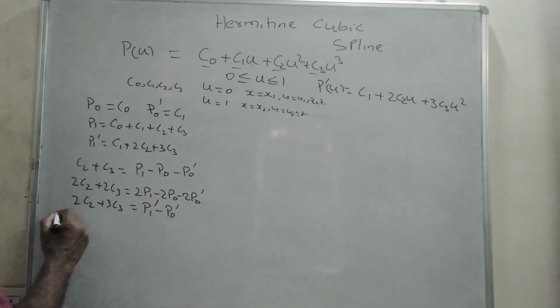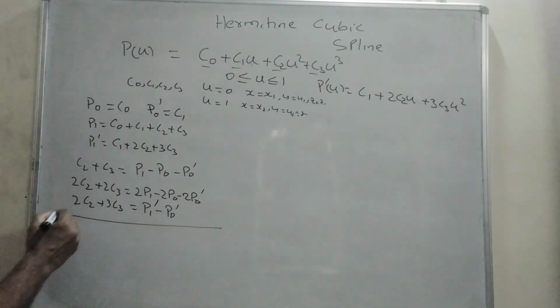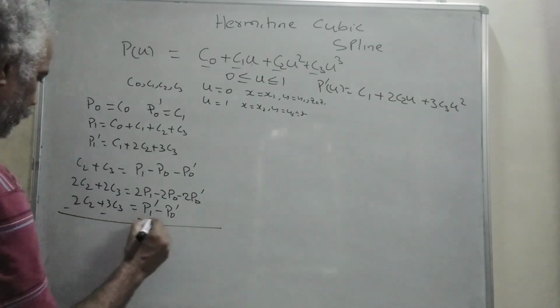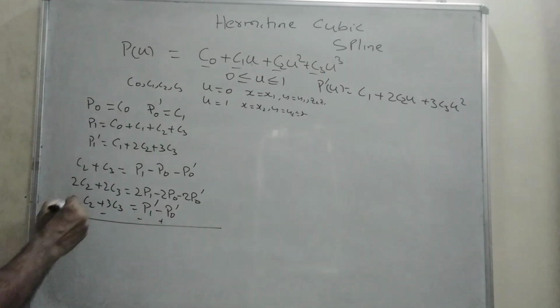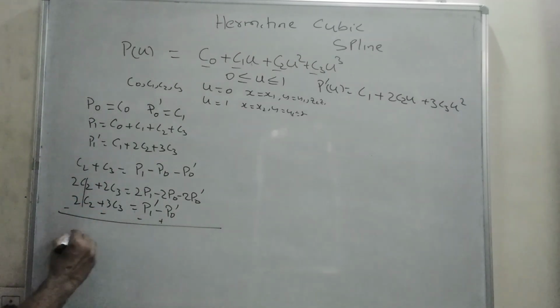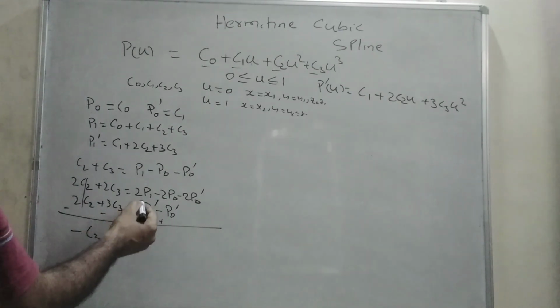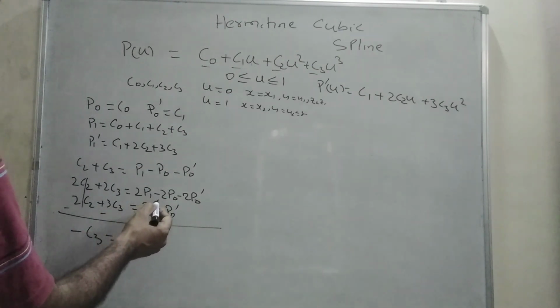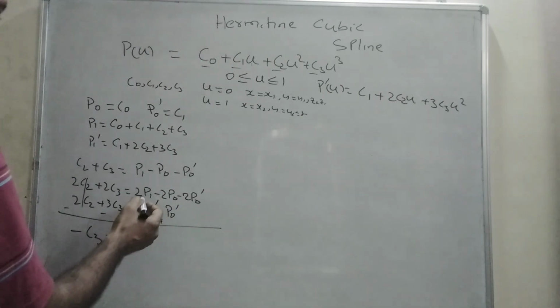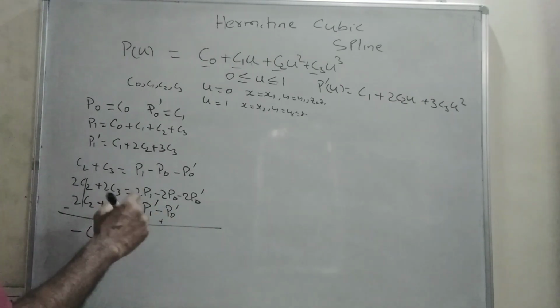So if you solve this equation, subtract and subtract, minus plus, this will cancel. So minus C3, 2P1 is there. 2P1 means first you will go for P0.